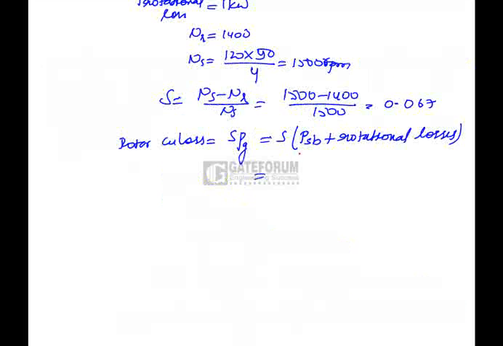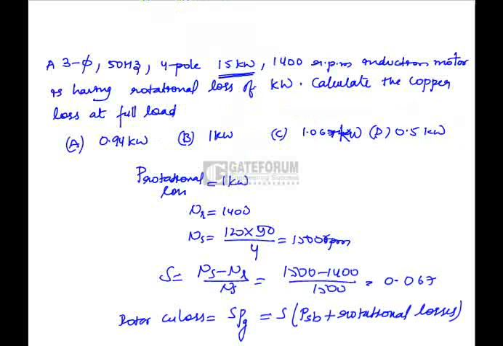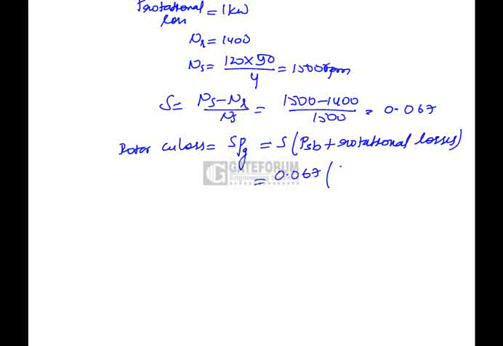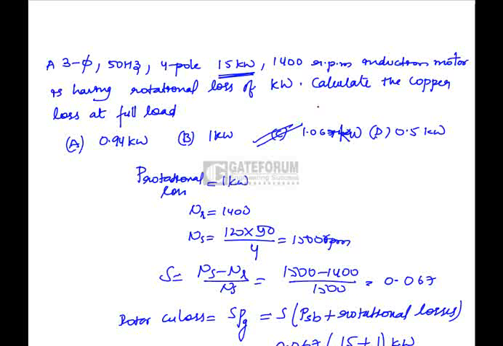Now what is PSH there? PSH is equal to shaft power, that he has given as 15 kilowatt. So 0.067 into 15 plus rotational losses as 1 kilowatt. So this is 15 plus 1, 16 kilowatt, which is equal to 1.067 kilowatt. This is option C, the correct answer.